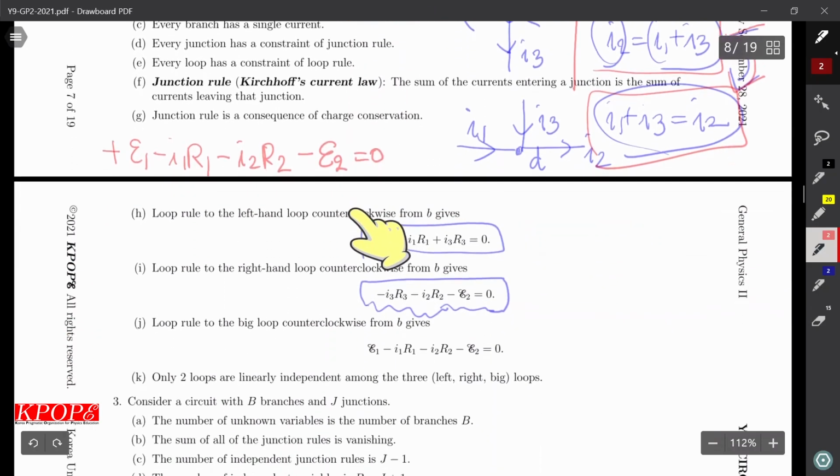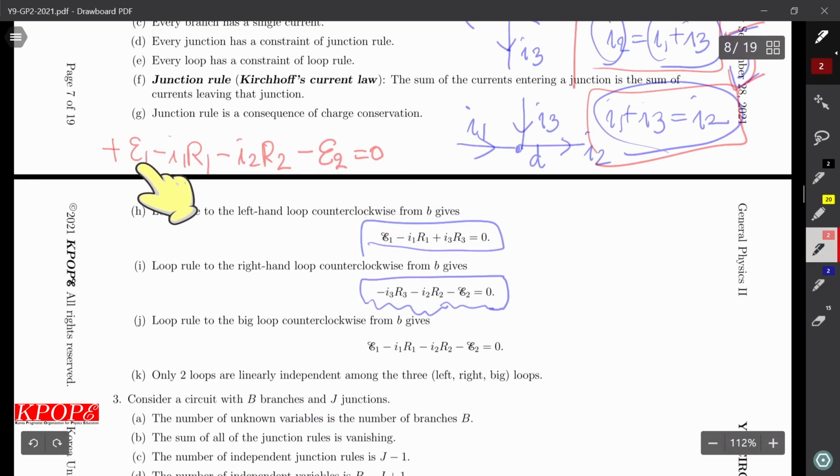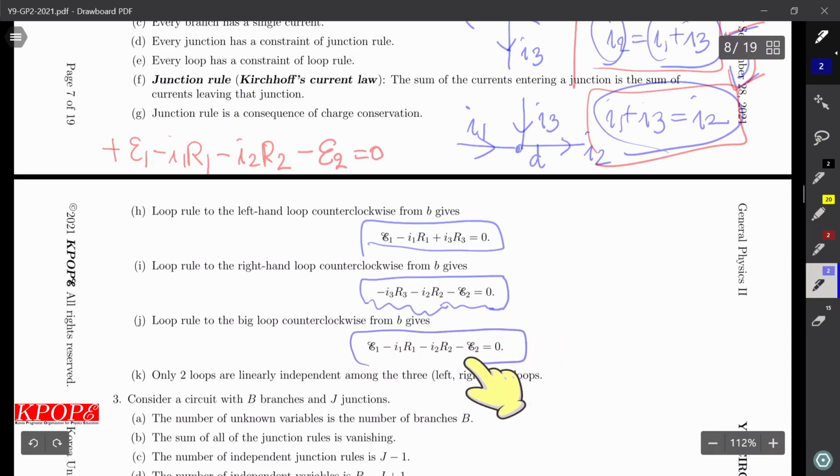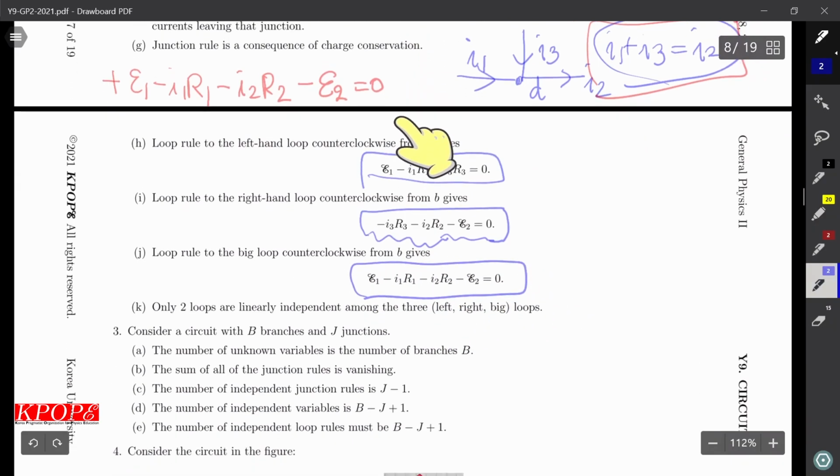So E1 minus I1 R1 minus I2 R2 minus E2 equals 0. That's correct. You have obtained the three equations.